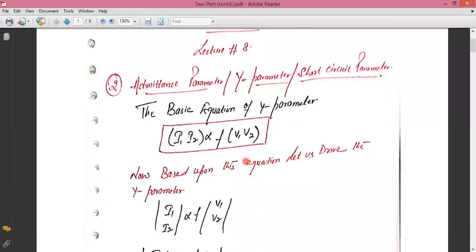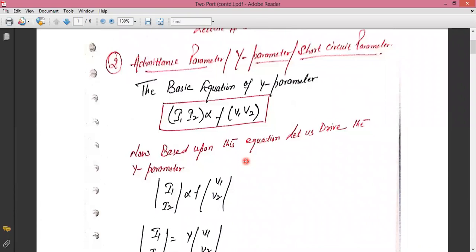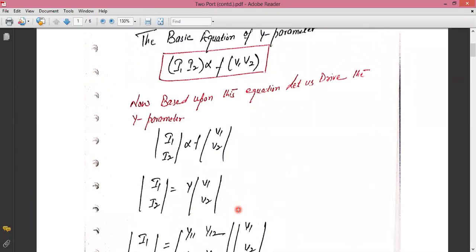First of all, I write I1, I2 as a function of V1, V2 in a matrix form. So I1, I2 is directly proportional to V1, V2. As I already told you, to change the proportionality into an equation, you need a constant, so here I use Y. So I1, I2 equals Y into V1, V2.